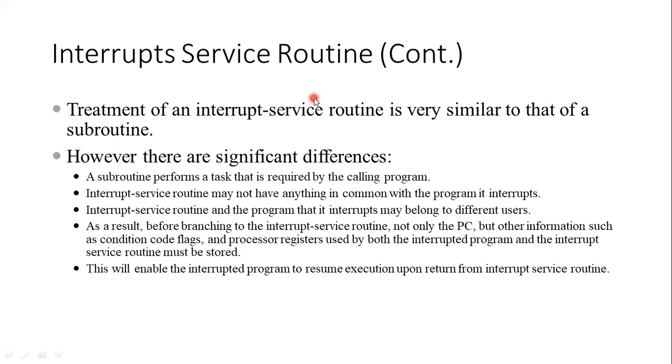As a result, before branching to the interrupt service routine, not only the PC but other information such as condition code flags and the processor registers used by both the interrupted program and the interrupt service routine must be stored. This will enable the interrupted program to resume execution upon return from the interrupt service routine.